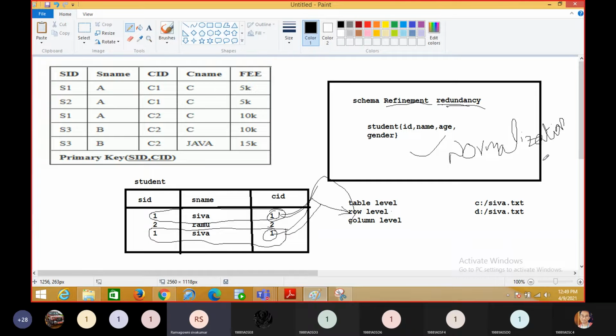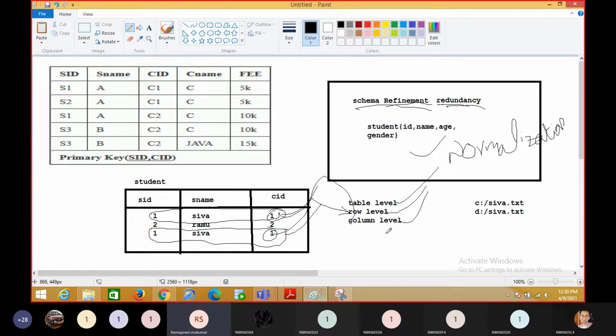We have some normal forms, so we need to follow the rules. Then we can avoid this redundancy problem: table level, row level and column level redundancy, through normalization. This is about schema refinement.